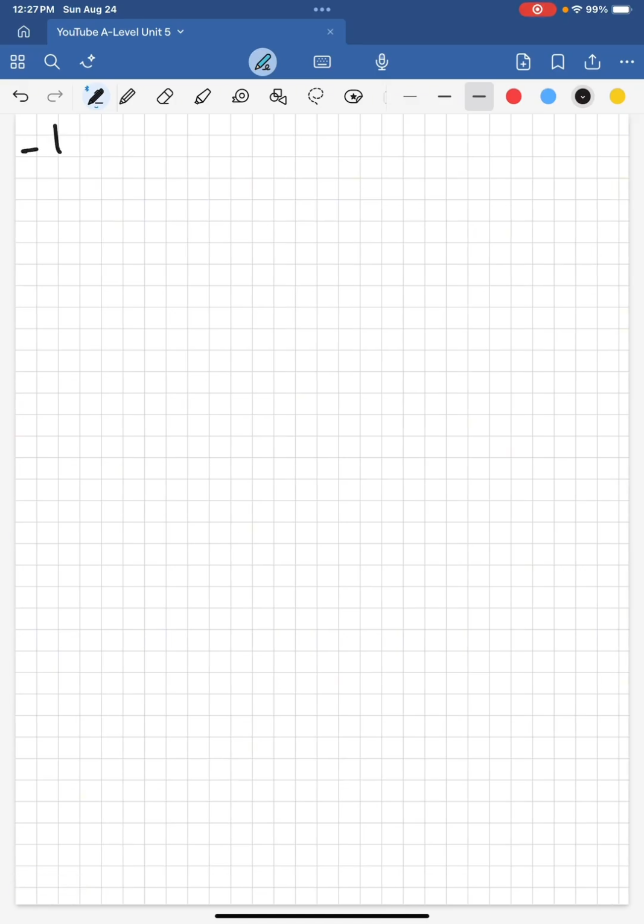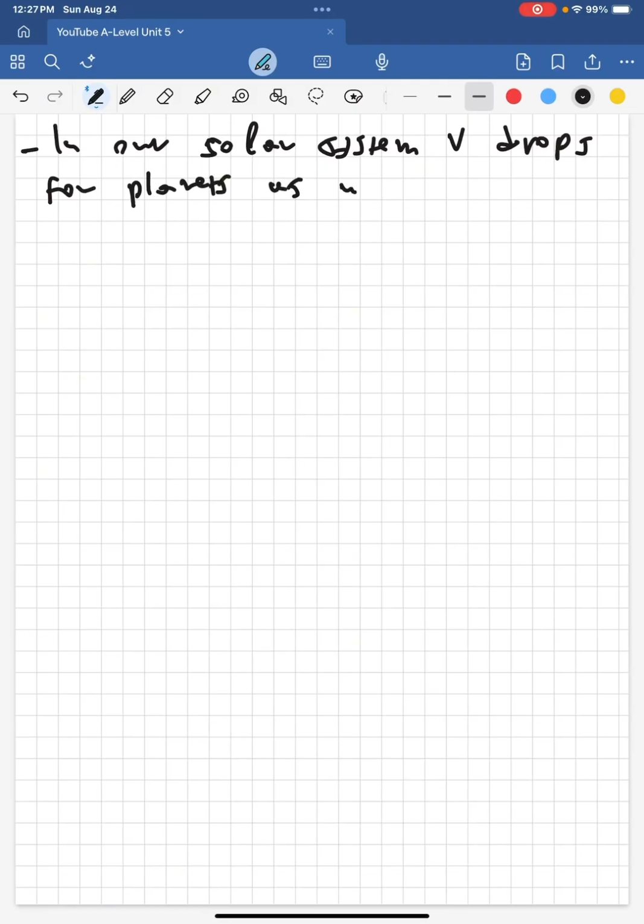So in our solar system, V drops for planets as we move away from the sun.